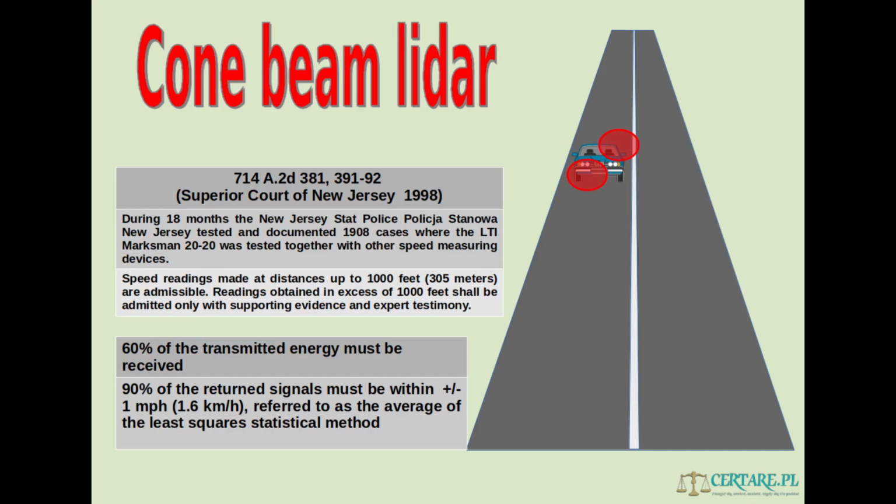As the result of that order, the police of the state of New Jersey tried to somehow salvage the situation, figure out what is going on, and they performed thousands of tests. It took 18 months, and during that time they tested and documented 1,908 cases of different situations, different uses of that LiDAR for measuring speeds, and they produced the results to the court.